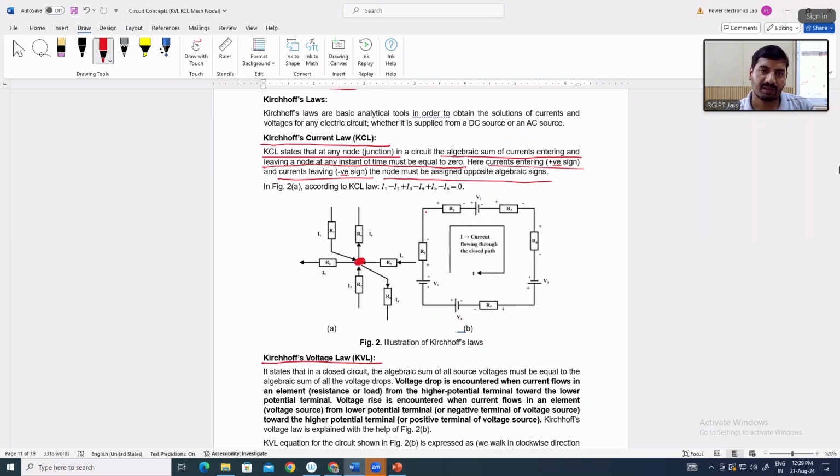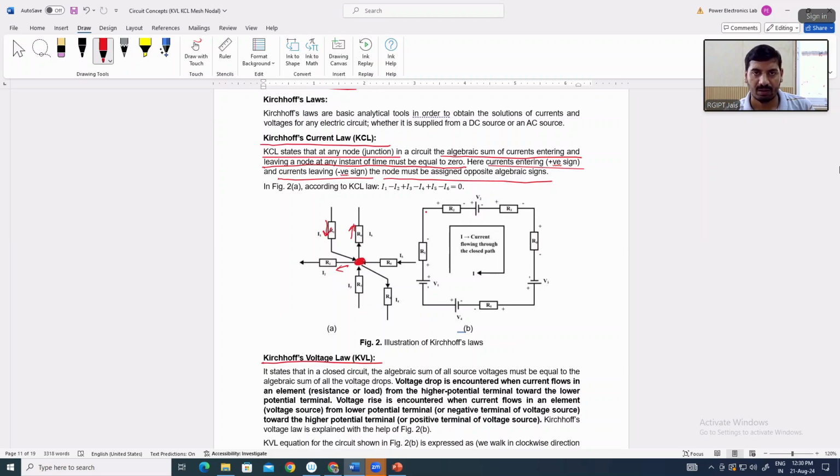Suppose in a complex circuit, we have taken a node and branches connected with this node. At this node, there are 1, 2, 3, 4, 5, 6 branches connected, and the current flowing through these branches is also given, and the direction is given. Here direction is downward, upward, means towards the node.